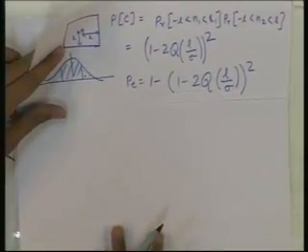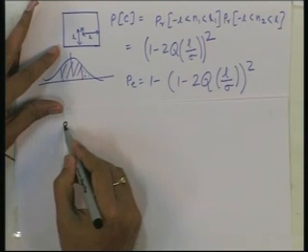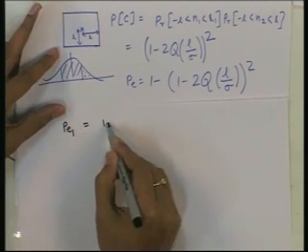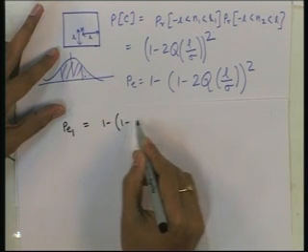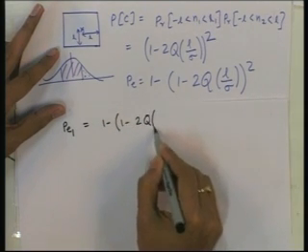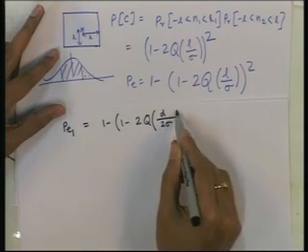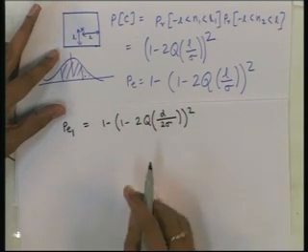We will just copy this, and let us denote this probability of error by PE1. This is 1 minus 2 times Q of d by 2 sigma, whole square.